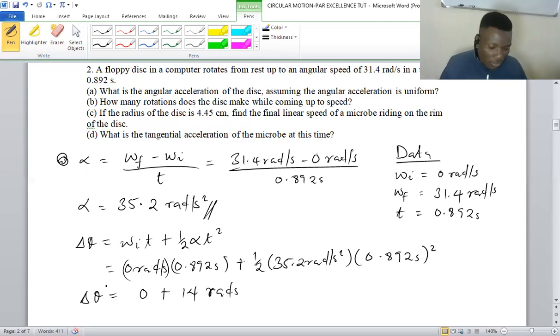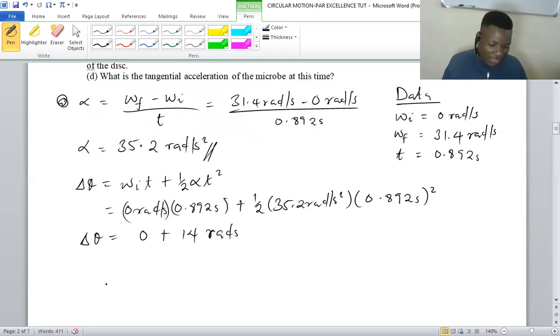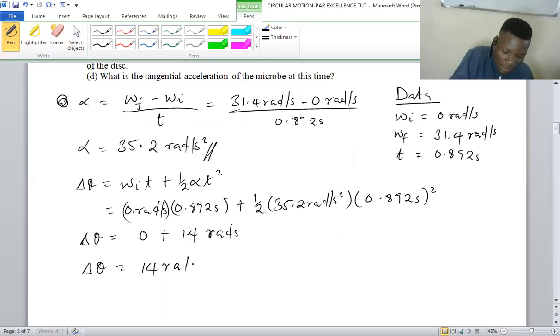Because we're talking of rotations, we can convert this to revolutions. How do we convert this? We have 14 rad, and then we multiply by, we know that 1 revolution is equal to 2 pi rad.